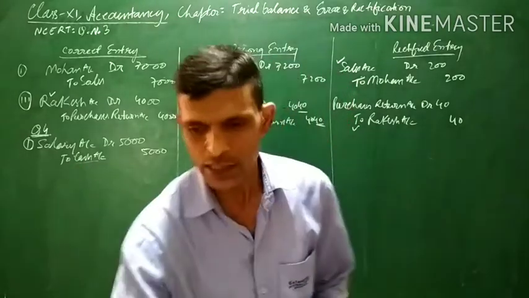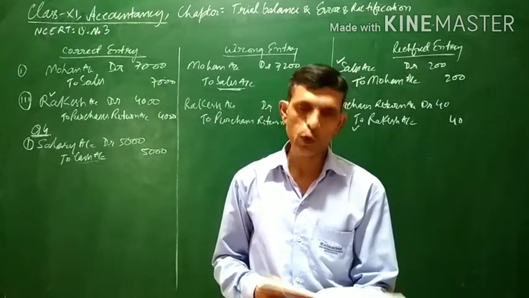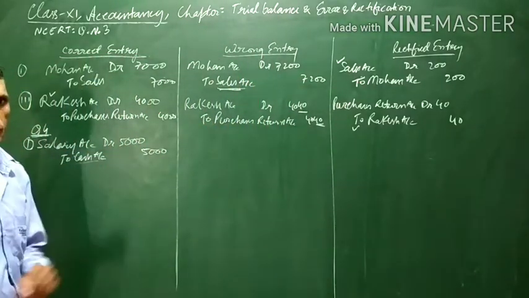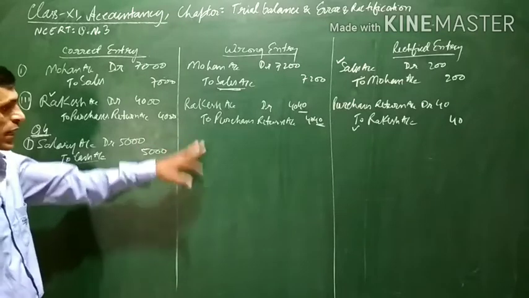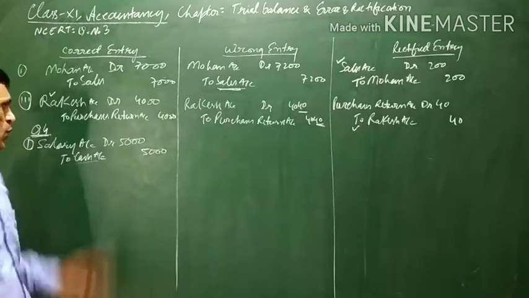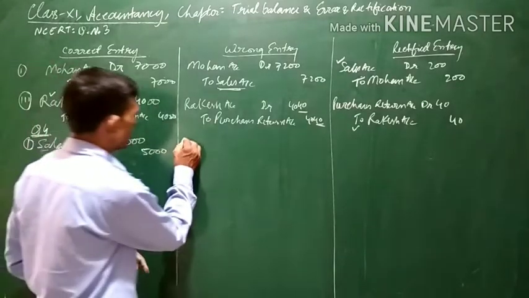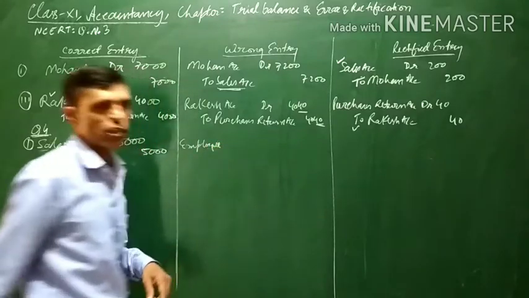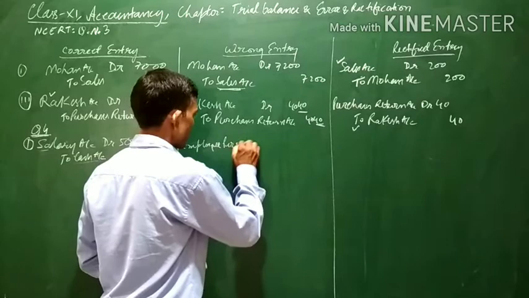Now what has happened? Instead of salary, the employee's personal account has been debited. For example, suppose A has received the salary, so A's account was debited. The name of the employee is not mentioned, so we will write employee's personal account.